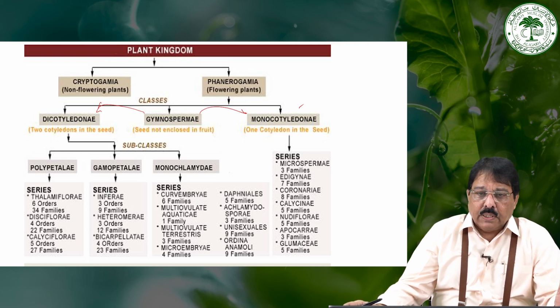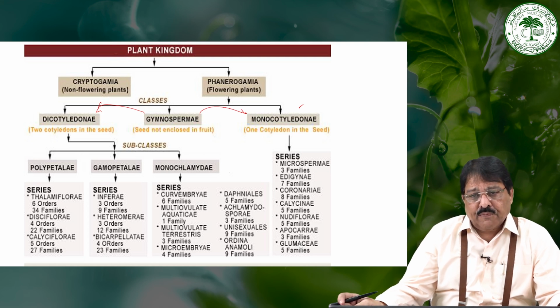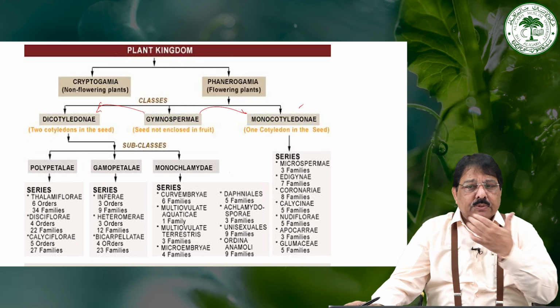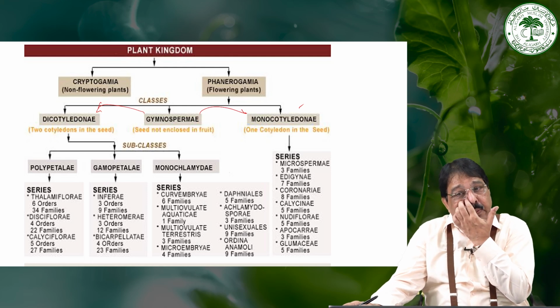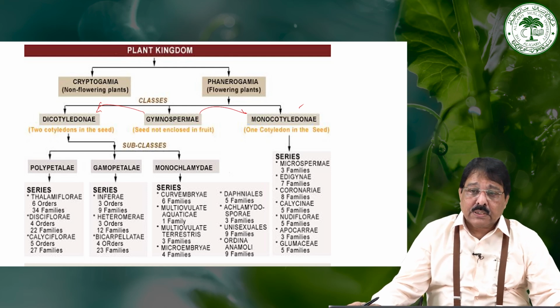And if the stem section is given, again on the basis of the arrangement of the vascular bundles, they are readily arranged in the dicot. In the monocot, they are scattered, because the cambium is absent. In monocot, except for a few exceptions where cambium and secondary growth are there, otherwise the secondary growth is absent.